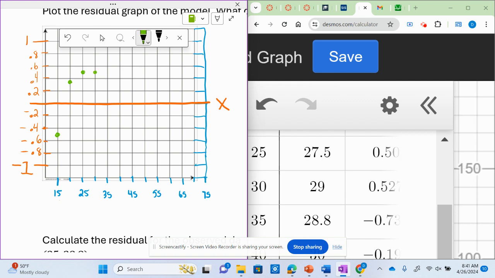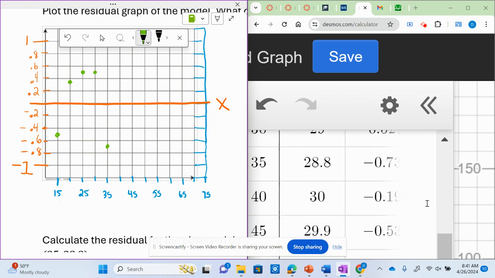When x was 35, my residual dropped down to -0.7. So put that in between the -0.6 and the -0.8. When x is 40, my residual is 0.19. So that's almost the same thing as 0.2. That's where I'm putting it, right below the 0.2. When x was 45, actually that's a negative.